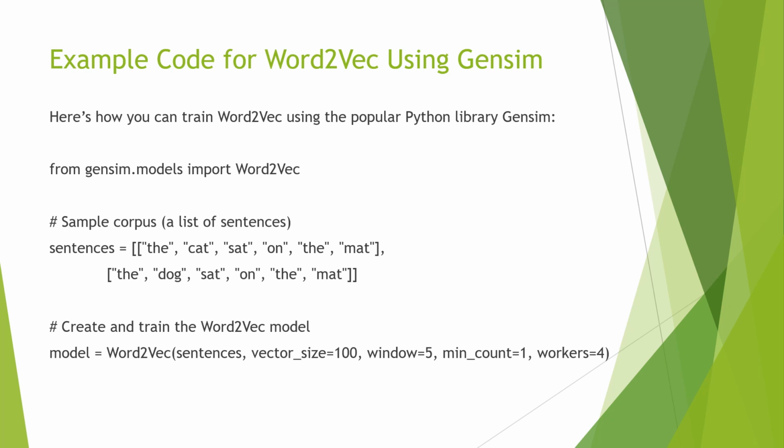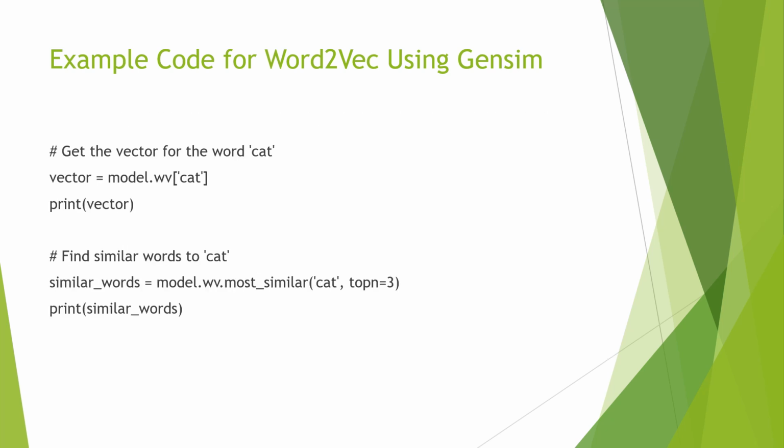This model is trained to predict the words, and for the given word, say cat, it generates a vector representation, and the vector gets printed.